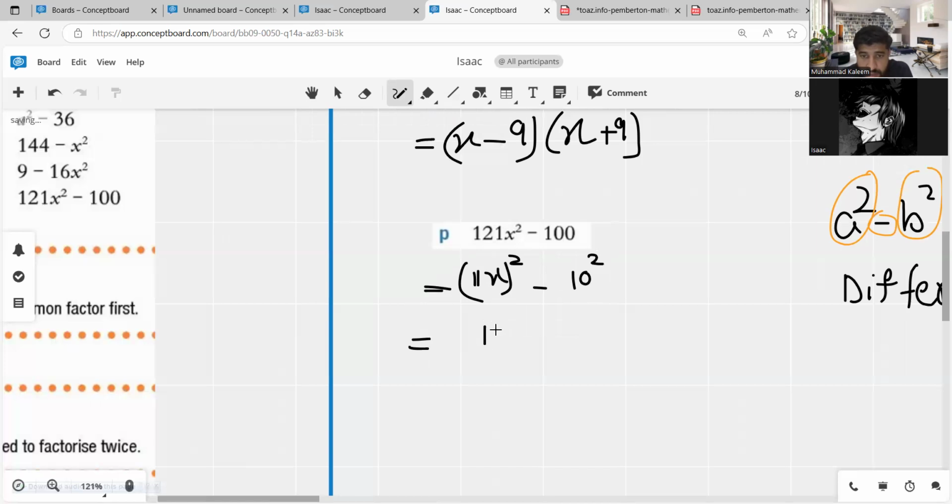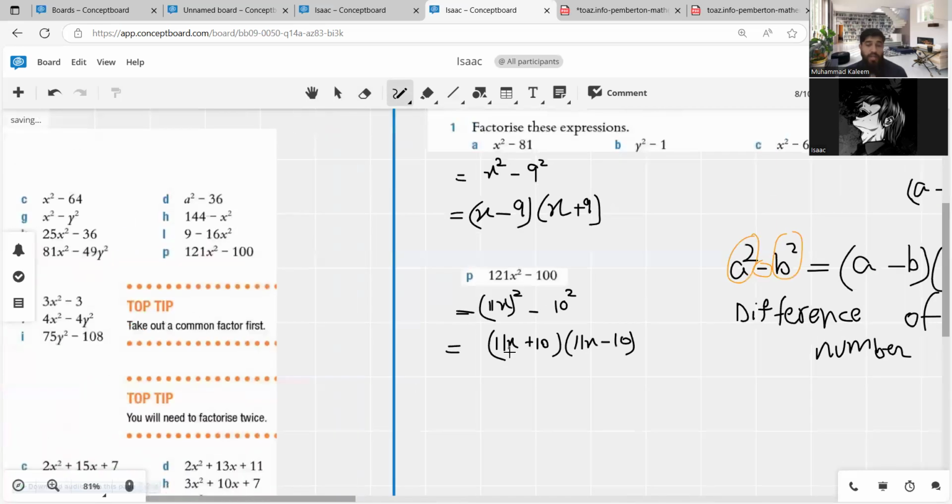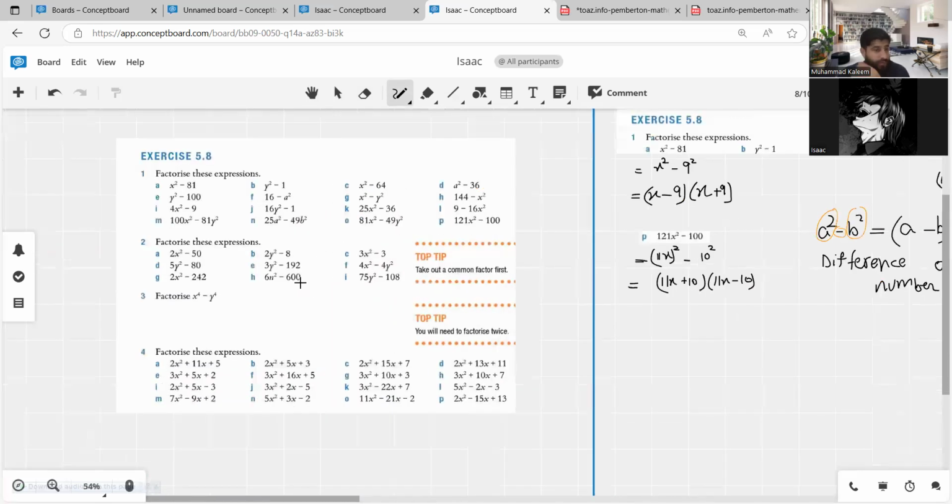Now we just have to write 11x plus 100. No, I made a mistake. 11x plus 10, and 11x minus 10. Good, excellent. Okay, let's move on to the next one. Next, we have question number 2.